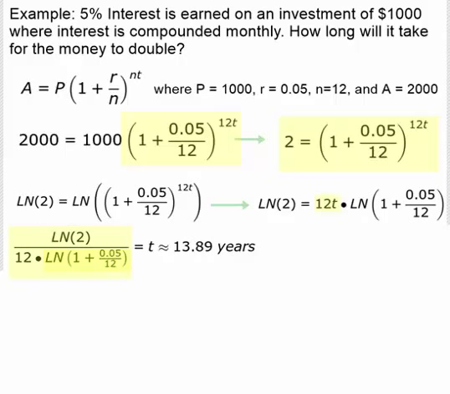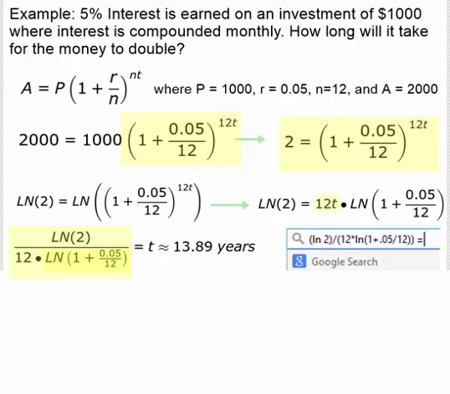Now we just have to evaluate that expression to get the value of t. Now here's a really nice easy way to do this. If you don't have a calculator on hand, I use the Google search bar that I have on my computer, and I enter it in just as I have shown here: ln of 2 in parentheses divided by the quantity 12 times ln of (1 plus 0.05 divided by 12).